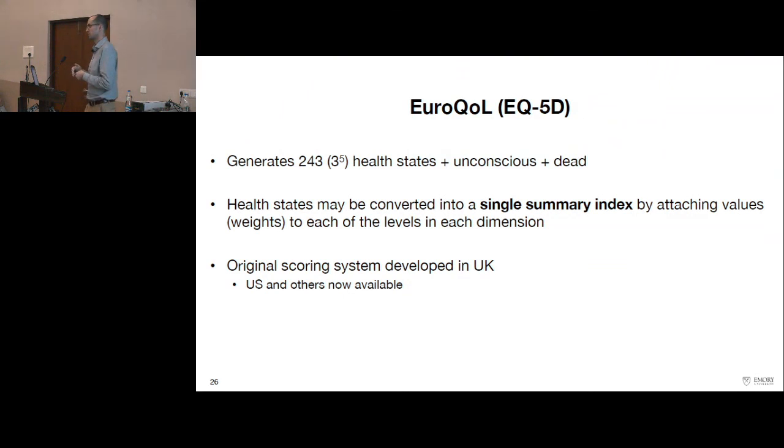But EuroQol also assumes that a person can be unconscious, therefore unable to answer the survey, and the person can be dead, also unable to answer the survey. So a total of 245 different health states. And then they convert it to a single summary index, which would be the utility value, by attaching weights.